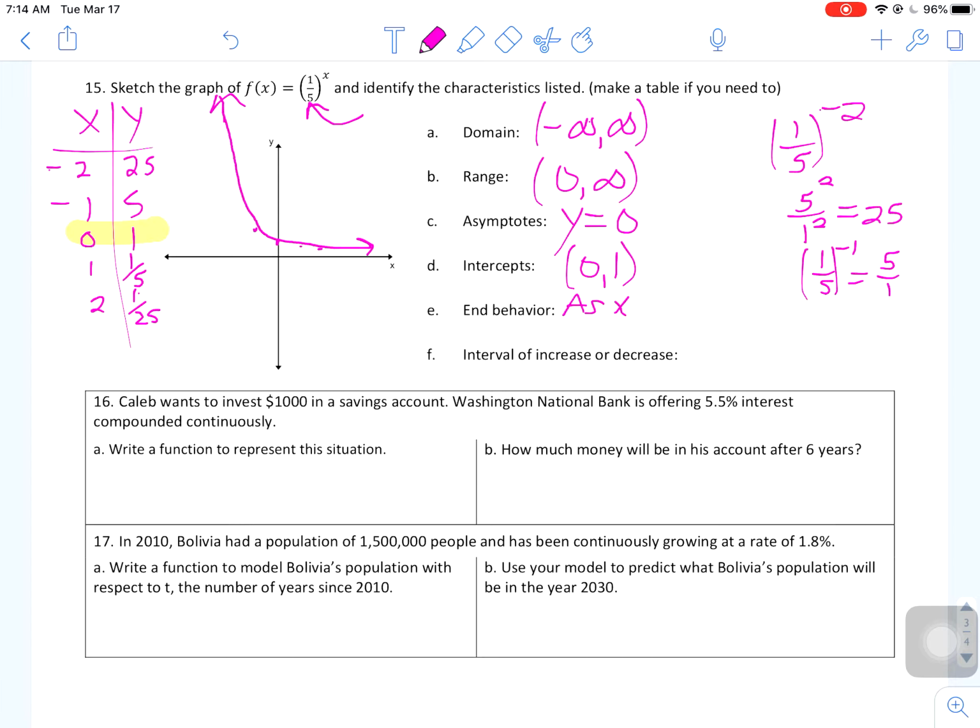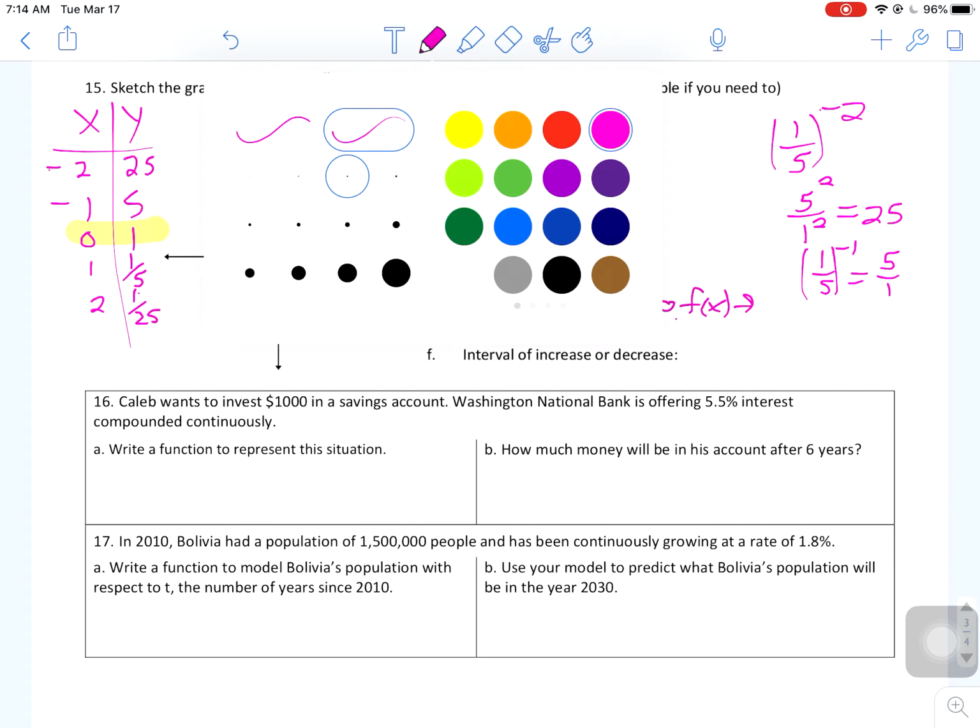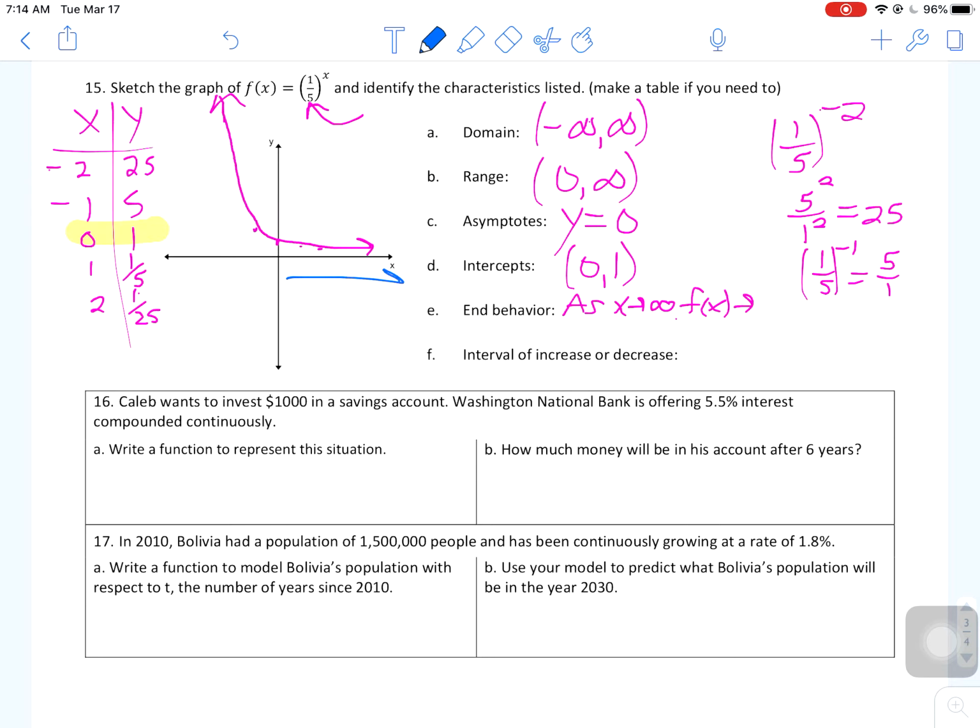And behavior, as x approaches infinity, f of x approaches, so I'm looking right here. As x is getting bigger and bigger and bigger, what is this pink curve doing? Why, it's getting closer and closer and closer to 0.